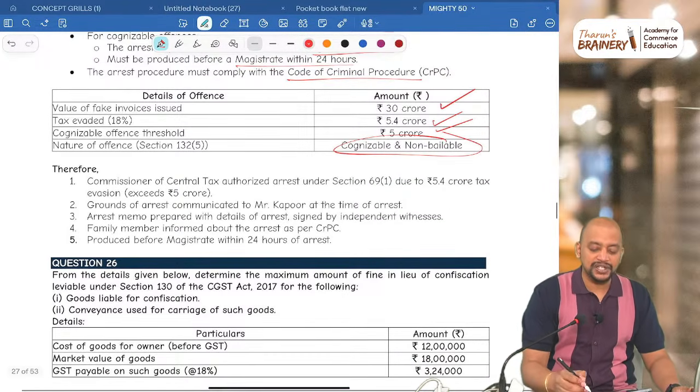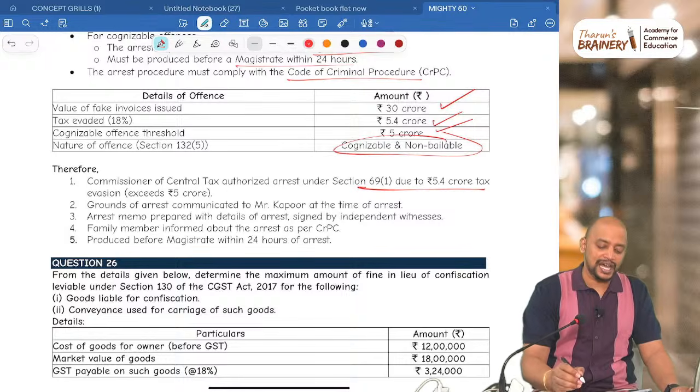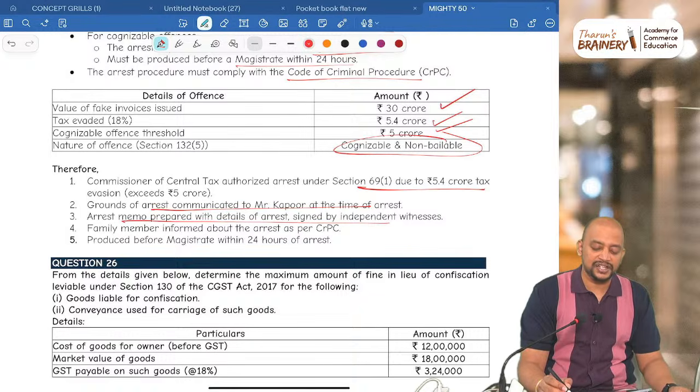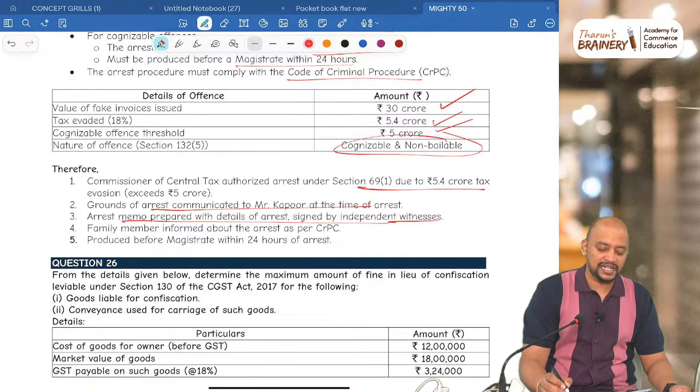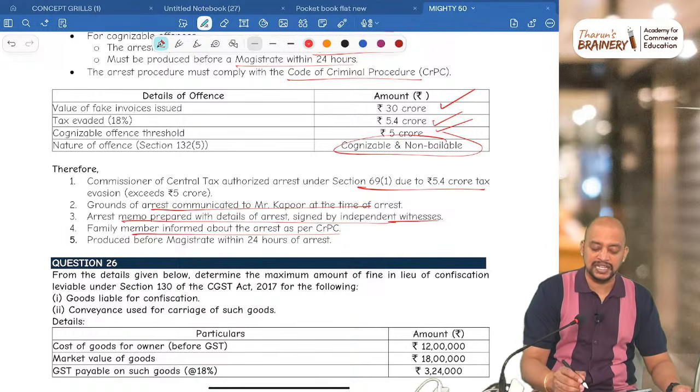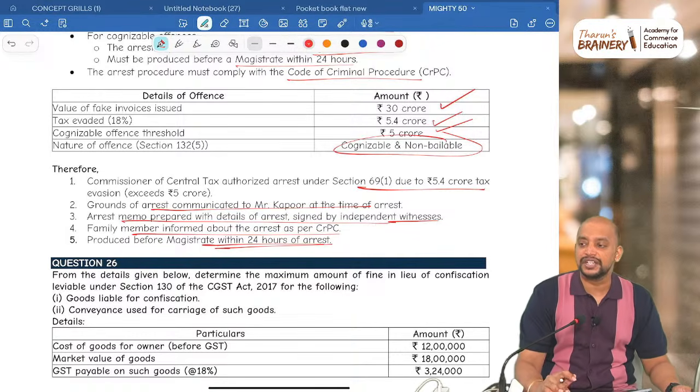Therefore, the Commissioner is authorized to make the arrest, the grounds of arrest are communicated, and a memo should be prepared with details of arrest signed by an independent witness. Family members should be informed about the arrest as per CrPC and the person produced before the magistrate within 24 hours of arrest.